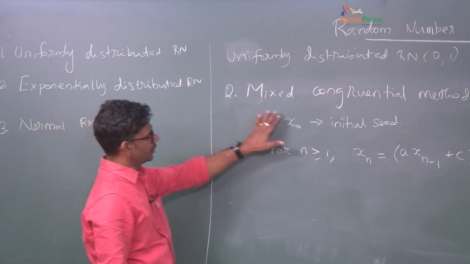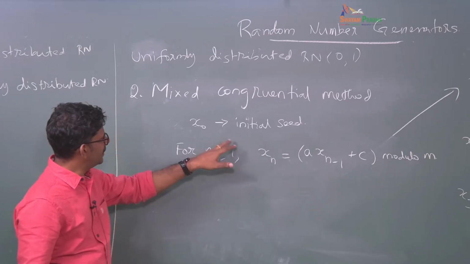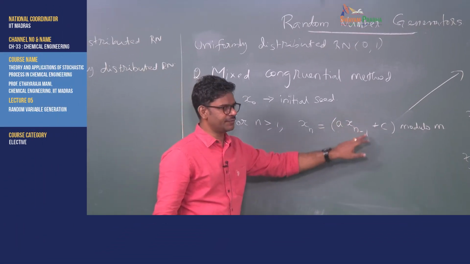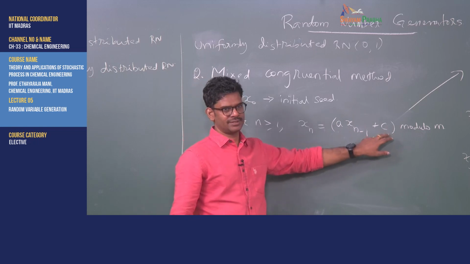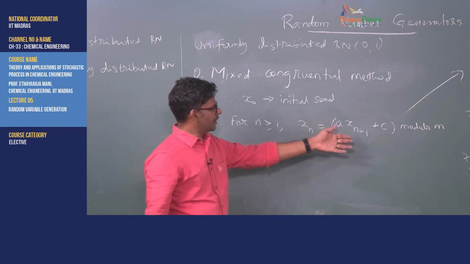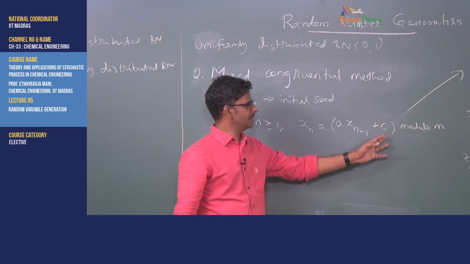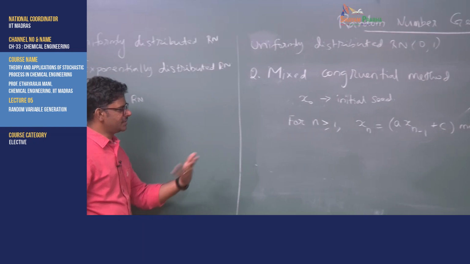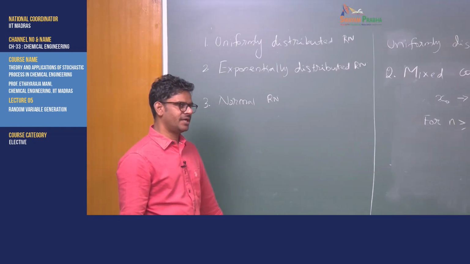So in the mixed congruential method, all we are doing is adding an extra term in the recursive relation. Apart from the multiplicative term, there is also an additive term, and again one can optimize how large C should be and how large A and M should be. This optimization is a different research area in itself.